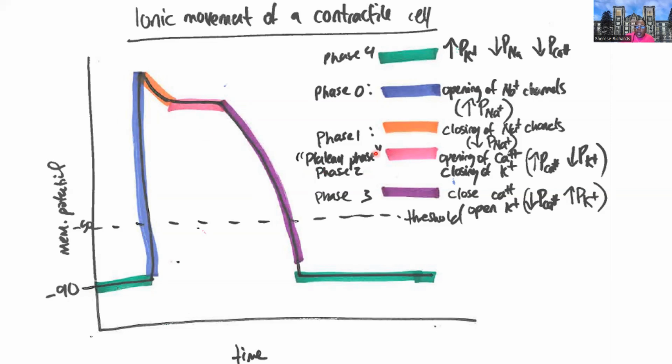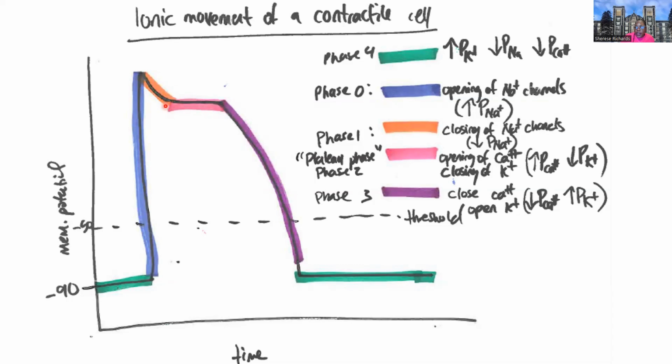So phase 2, which is also called the plateau phase, we close those potassium channels that are already open. We close them here at phase 2. We open up calcium channels at phase 2, and notice how this takes a bit of time. It takes a little bit more time, and that is allowing for the movement of calcium, which is crucial for the actual machinery of the cross-bridge cycling inside the muscle.